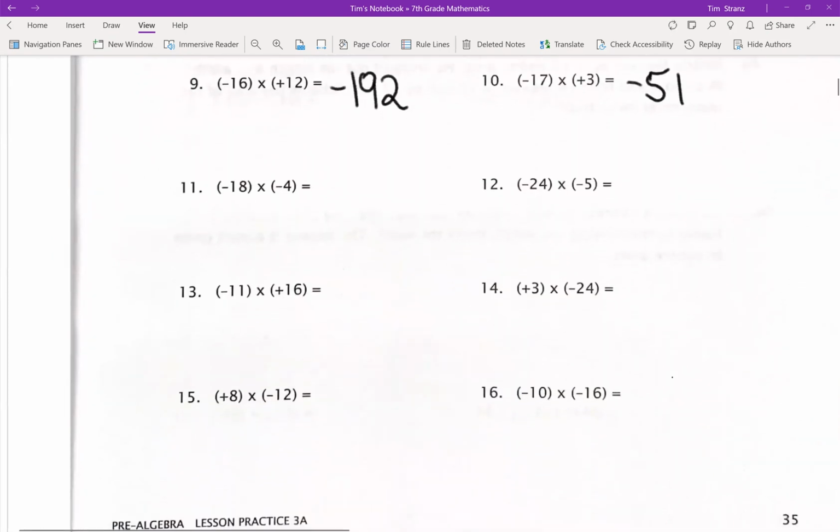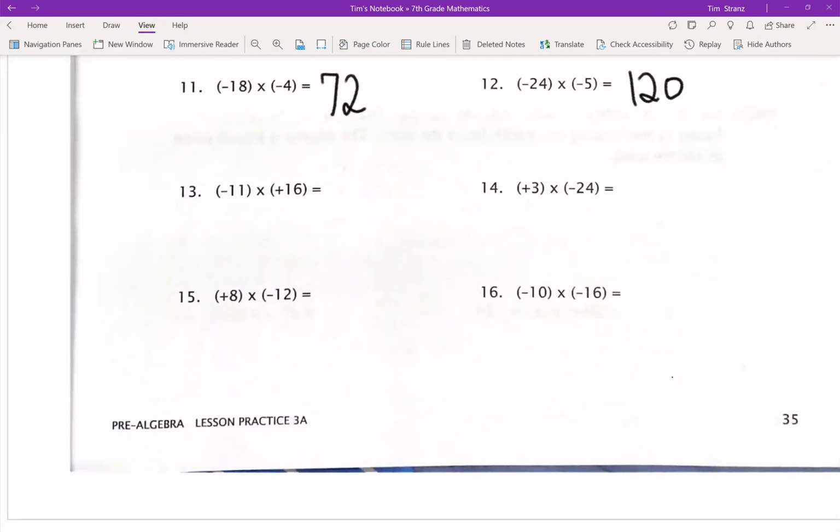Number 11, 18 times 4. You got 2 negatives, which means it's going to be a positive answer, 72. Number 12, 24 times 5. 2 negatives means it's a positive answer of 120.